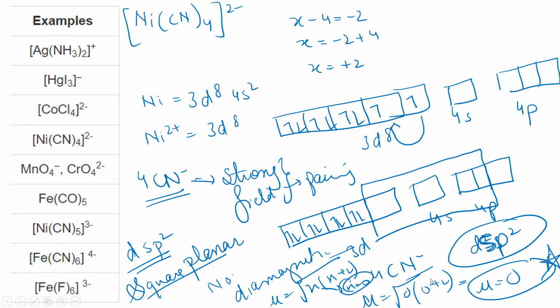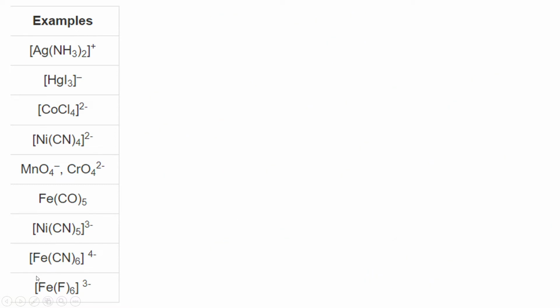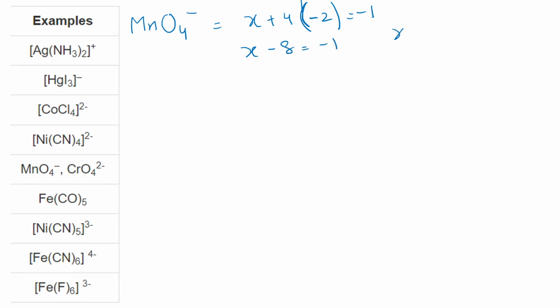Okay. We move to next example, that is permanganate. KMnO4. We have potassium permanganate. So this is permanganate. Find the oxidation state. X plus 4 into oxygen has a charge minus 2. Overall minus 1 charge. X minus 8 is equal to minus 1. X is equal to minus 1 plus 8.